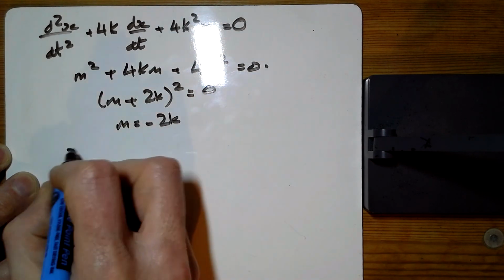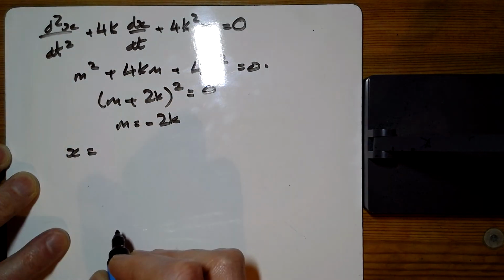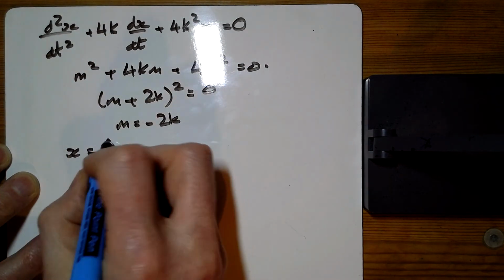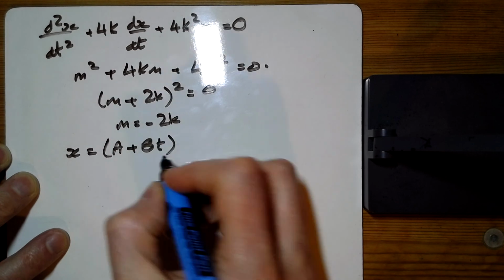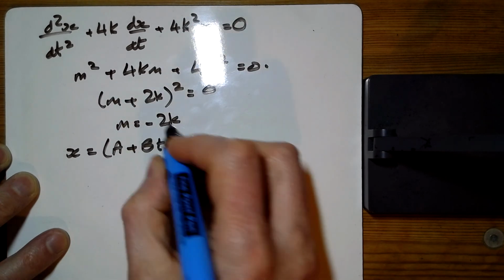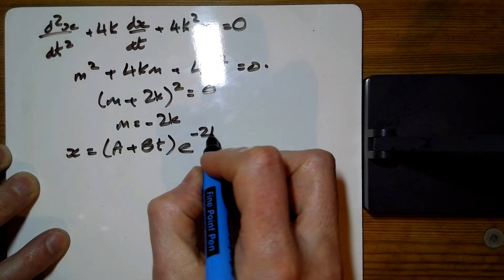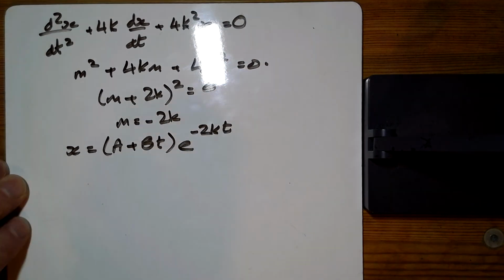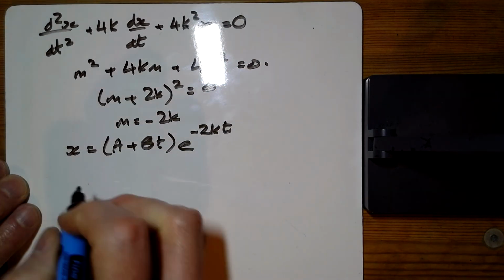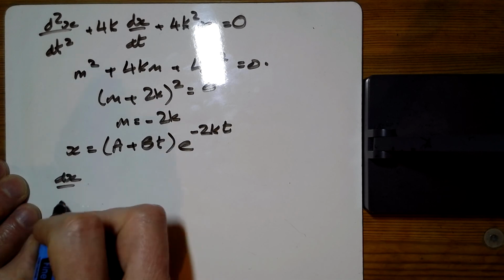And so that means that my answer is going to be x is (a plus bt) lots of e to the minus 2kt. So there's that bit. What does that differentiate to give as well, though?